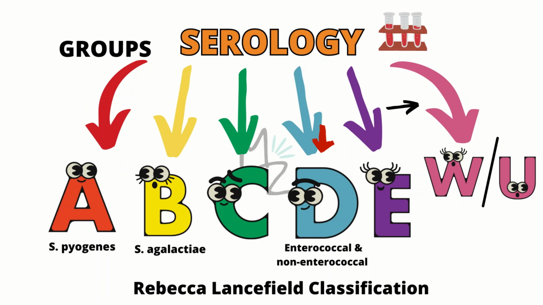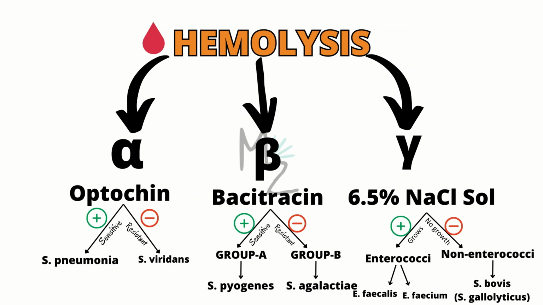It includes Enterococci, for example Enterococcus faecalis and Enterococcus faecium, and also non-Enterococcus bacteria, for example Streptococcus bovis. The groups C, E, F, G, H, and also K to U are the Streptococci that are infrequently responsible for causing human diseases. On the basis of hemolysis, the Streptococcus is classified into alpha, beta, and gamma.